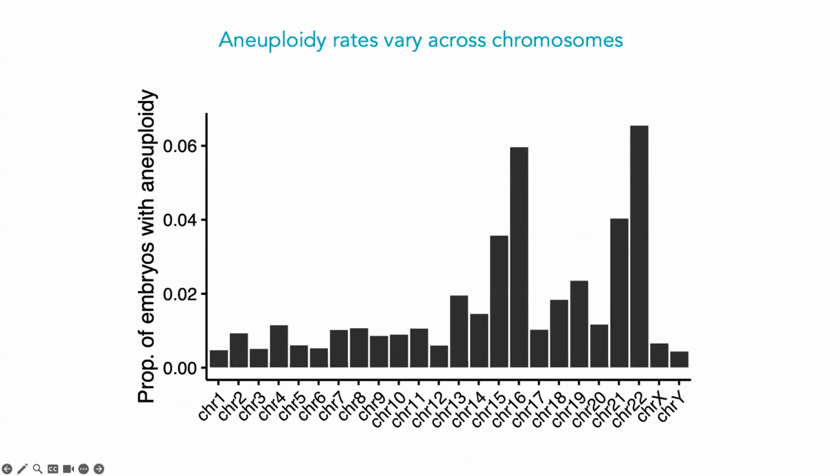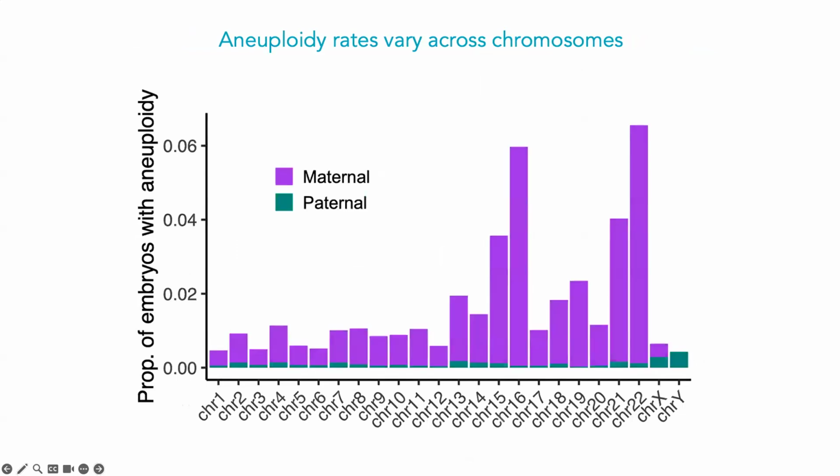Also consistent with the literature, we see that the incidence of aneuploidy varies substantially across the chromosomes, with chromosomes 15, 16, 21, and 22 especially enriched. We also see that that effect, and aneuploidies in general, are really driven by maternal meiotic aneuploidies rather than paternal aneuploidies, which are quite rare.